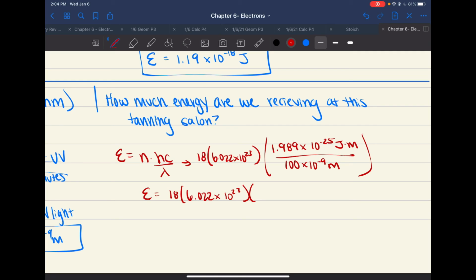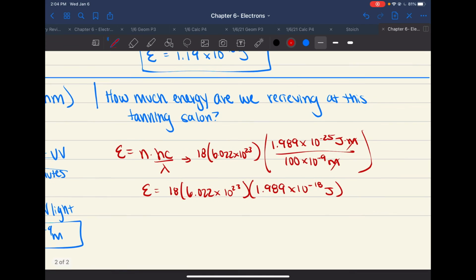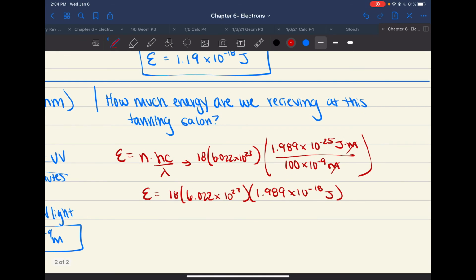I did the one calculation and got 1.989 times 10 to the negative 18. The meters canceled out, so I'm at joules here. And notice there are no units for 18 times 6.022 times 10 to the 23rd. It's just a number of things; we had that many photons. So E is equal to, now let's multiply the number we just got by 6.022 times 10 to the 23rd, and then multiply it again by 18.